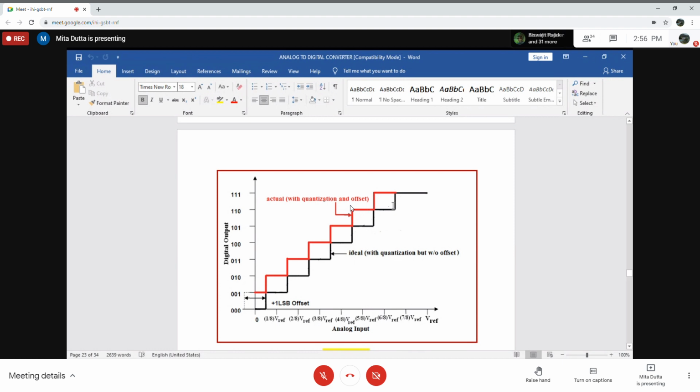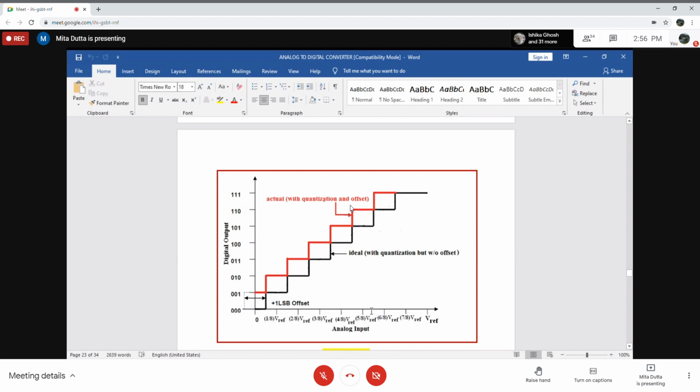Because in the ideal case, the 110 to 111 transition will occur at 6.5 LSB. But what happens if we have a positive offset error? The 110 to 111 transition occurs at 5.5 LSB.